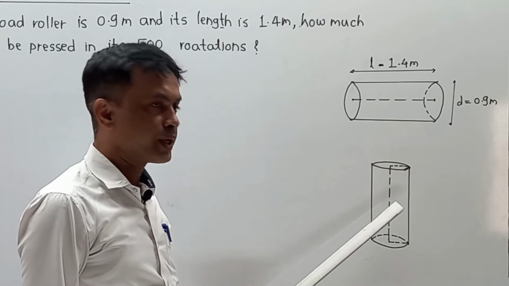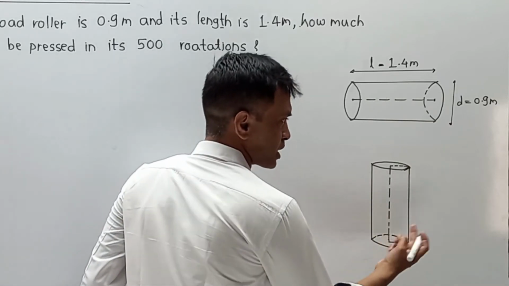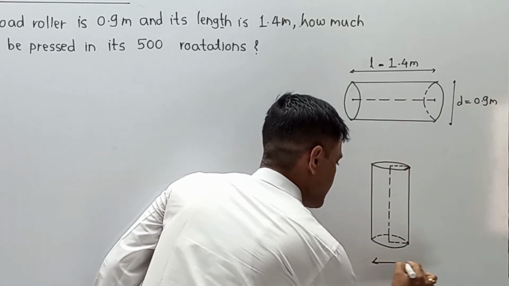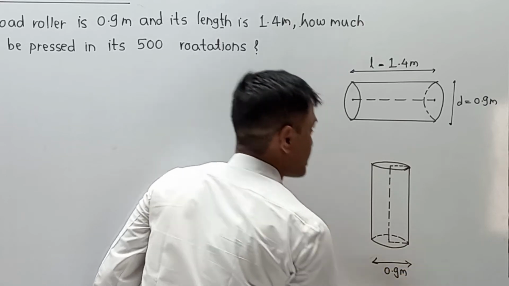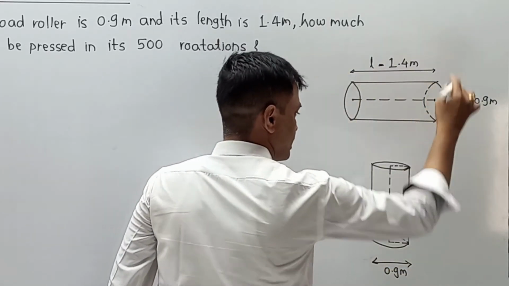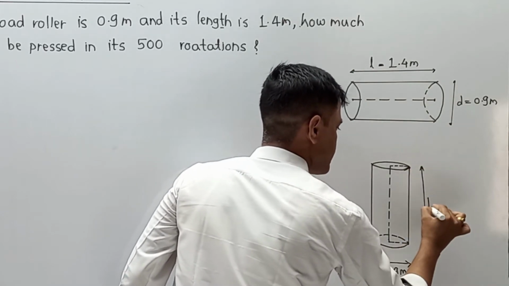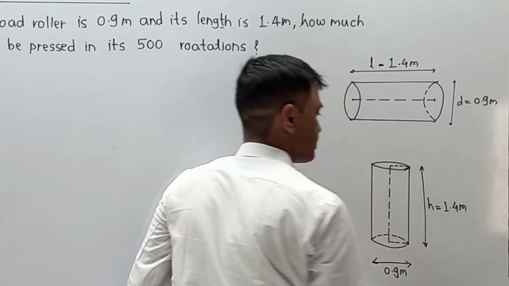So I am going to draw a vertical structure over here so that I can clear some points. If you consider a cylinder, then they have given us a diameter, and that is 0.9 meter. And they are talking about the length. Logically for us, it's nothing but the vertical height, that is h, and that is 1.4 meter.